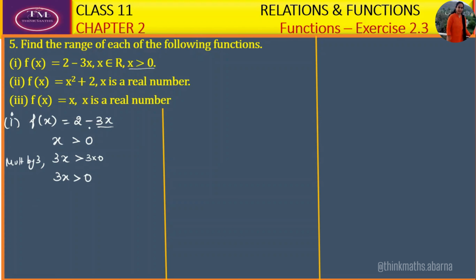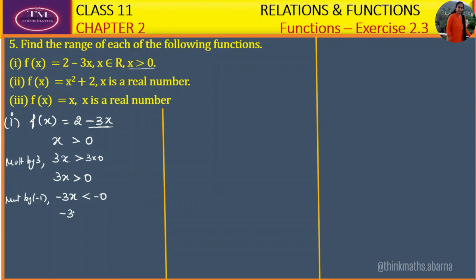Now take up to this. So it is minus 3x. So multiply by negative on both sides. So multiply by negative. So minus 3x. If you multiply by negative, this symbol will change. So greater than will change to less than. Okay. Minus 0.